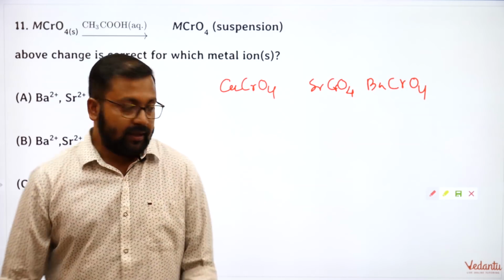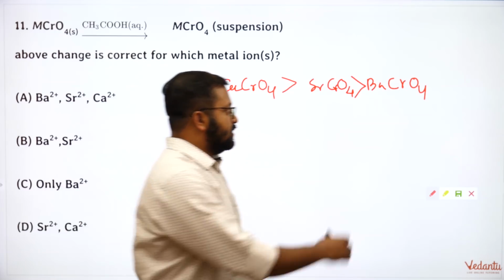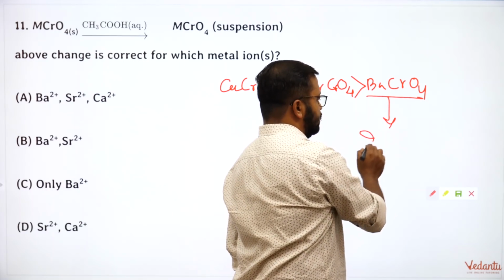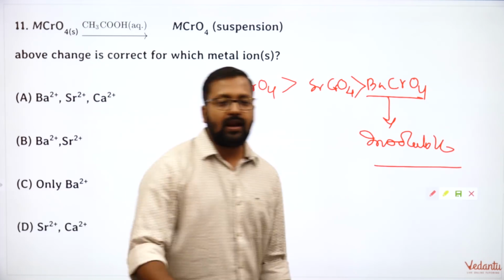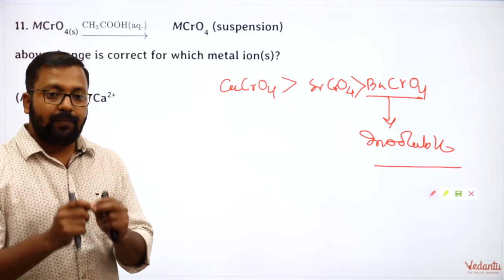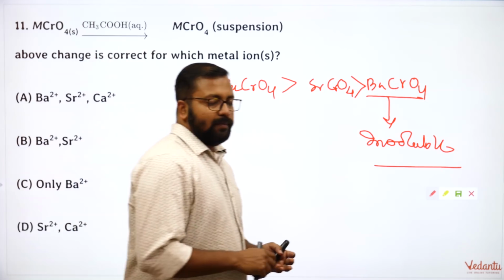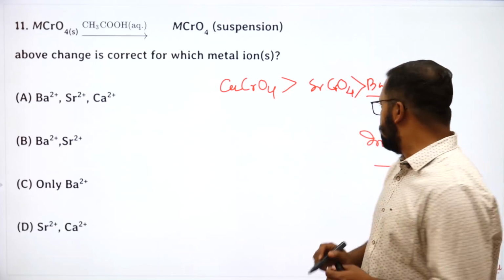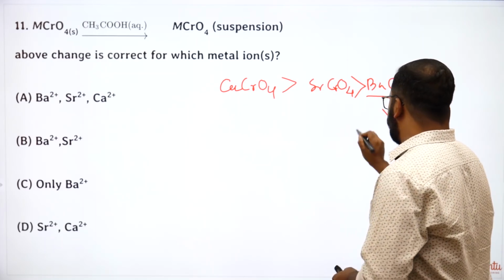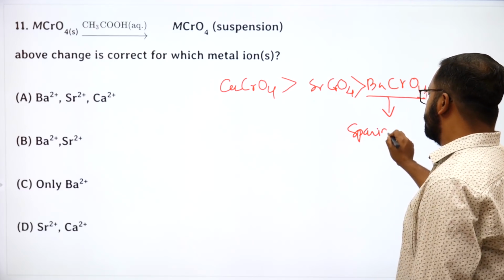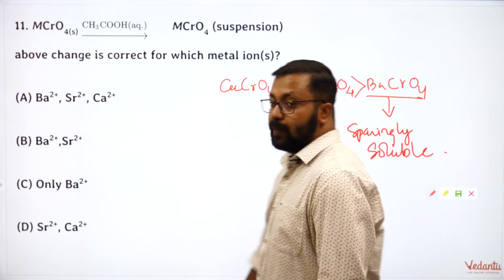The solubility decreases like this, and BaCrO4 is almost insoluble, fairly insoluble. If you put it in water, if it is insoluble or fairly insoluble, we write sparingly soluble.